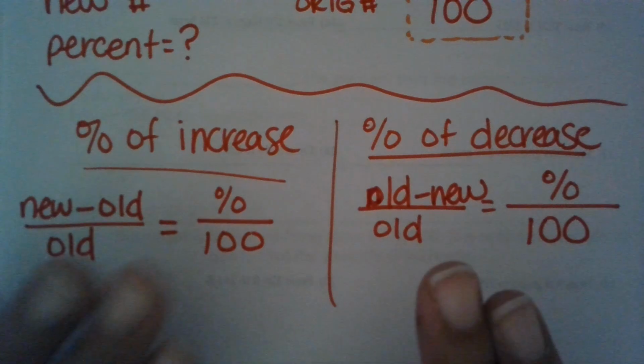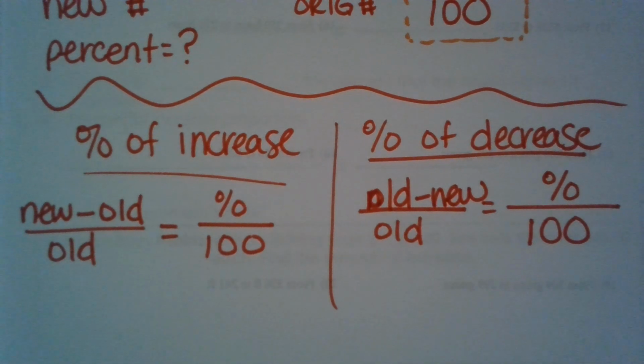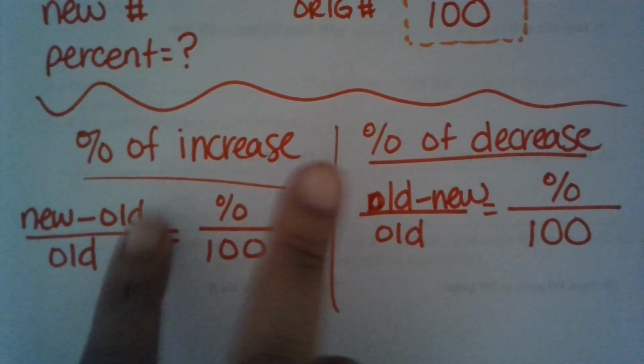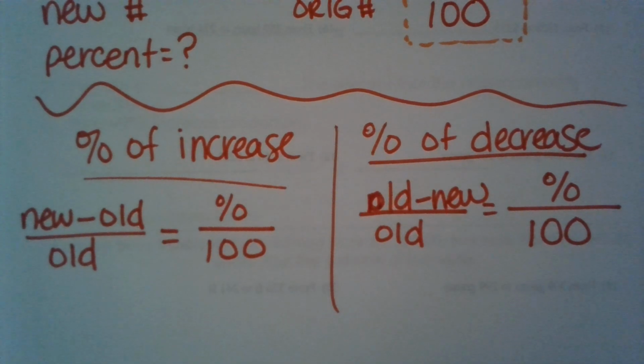Now, these are one and the same, okay, guys? They're one and the same. So, this is one of the things I'm going to explain to you first. Make sure the numerators for these are positive. Because no matter how I subtract, I want to still know the difference between the two numbers.